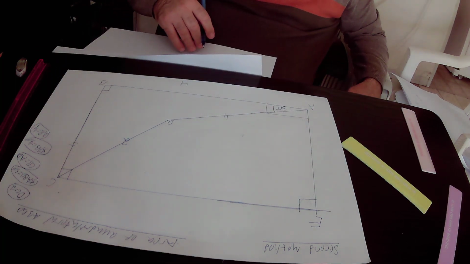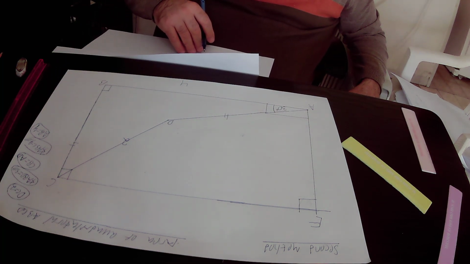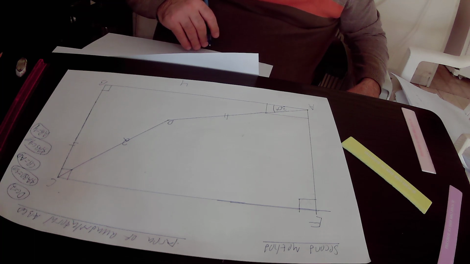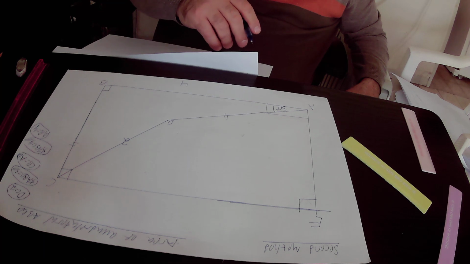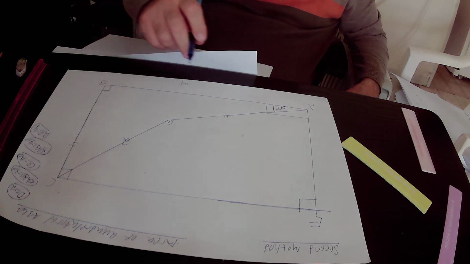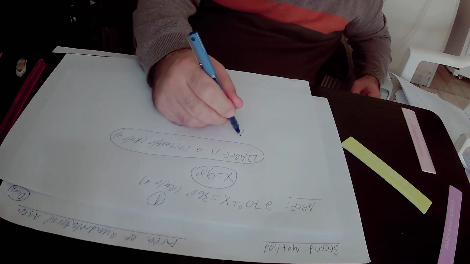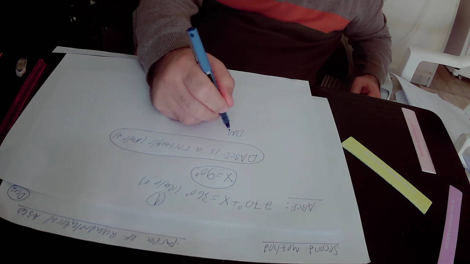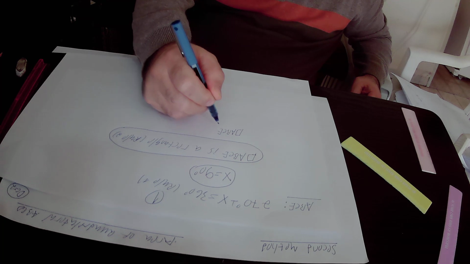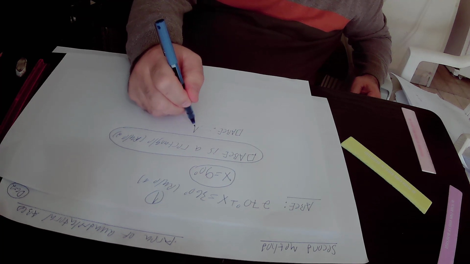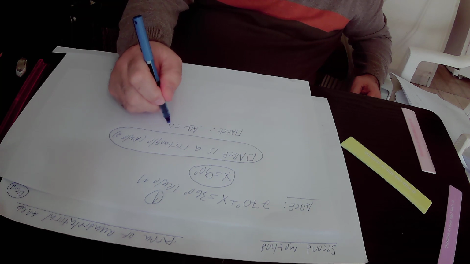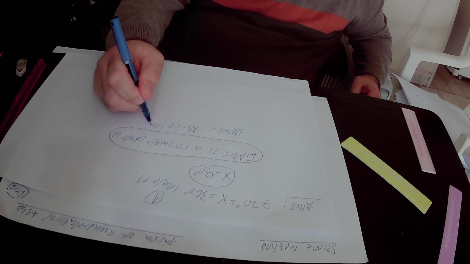And according to rule number 3, the opposite sides of a rectangle are equal to each other. That is to say, in rectangle ABCE, AB equals CE according to rule number 3.